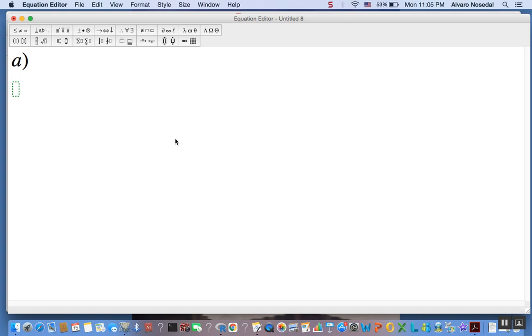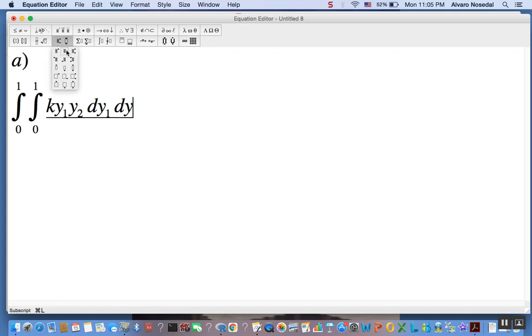So what we want is the integral from 0 to 1, another integral from 0 to 1 of our PDF, which is k times y1 times y2, dy1 dy2. We want that to be equal to 1.